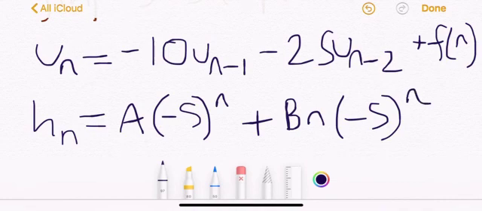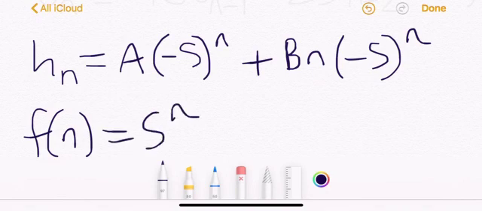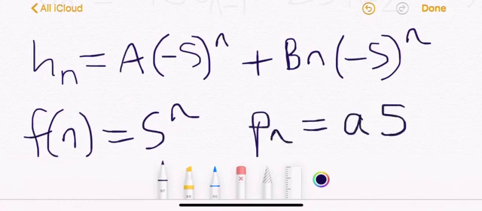Then what do we need to consider? Let's consider when f of n equals 5^n. A particular solution we can use here is P_n equals a 5^n.